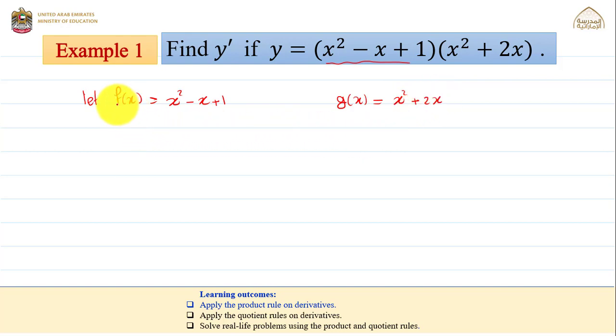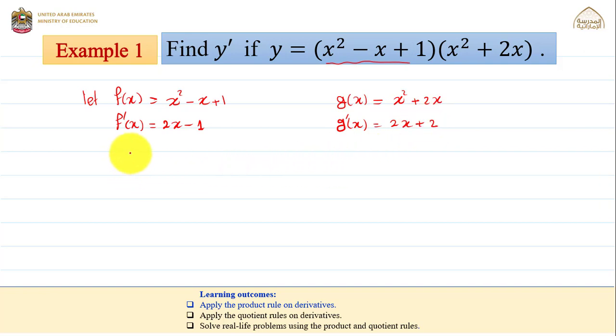Then we need to find the derivative of each function. The derivative f prime of x equals, use the power rule, we get 2x minus 1. Same way, g prime of x equals 2x plus 2.